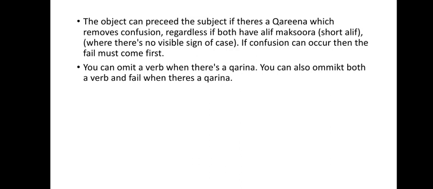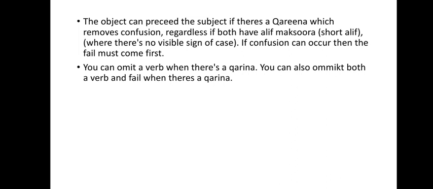So interestingly, you can also omit a verb, so it's talking about omission now, which means not saying the word, which is hadaf in Arabic. So if there's an indication, a qarina, then you can omit a verb. For example, if someone said to me, "Who stood?" I don't have to say Zaid stood.